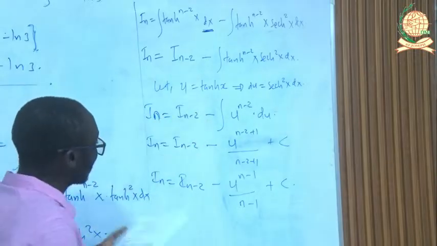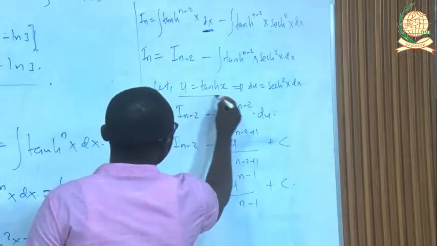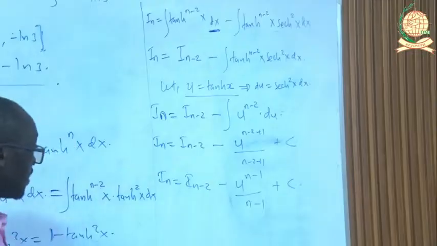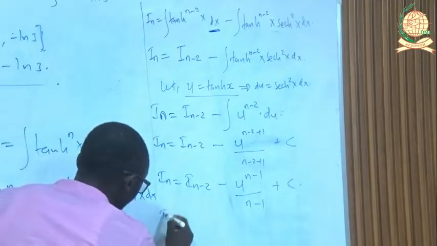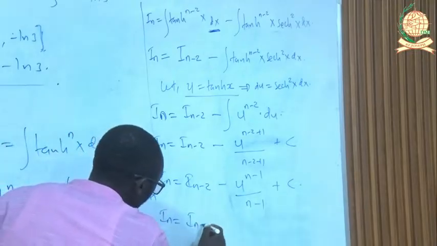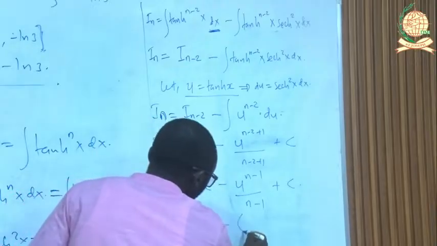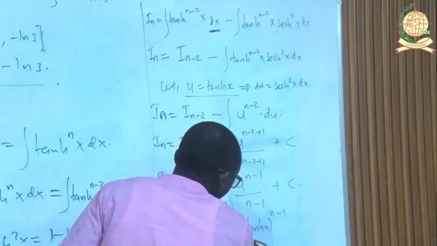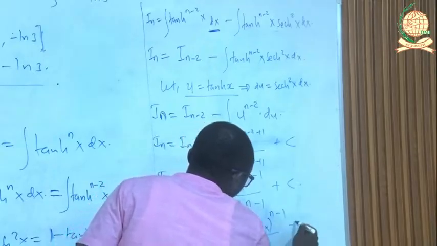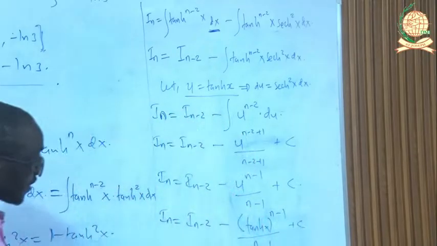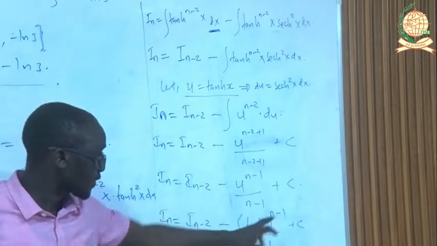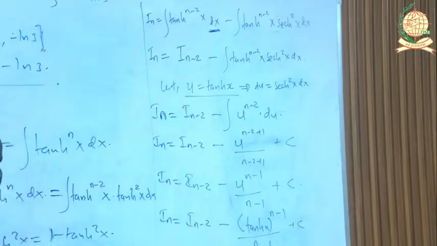We assumed u is tanh x, so you can plug in here the definition of u. So your I_n is going to be I_{n-2} minus tanh x to the power n minus 1 over n minus 1 plus c. I hope I'm very clear up to there, because I have just substituted the value of u in my equation.